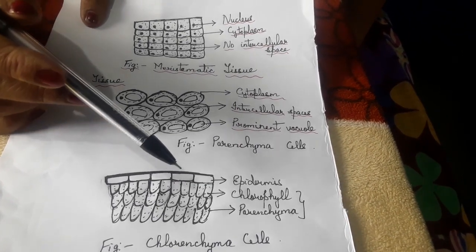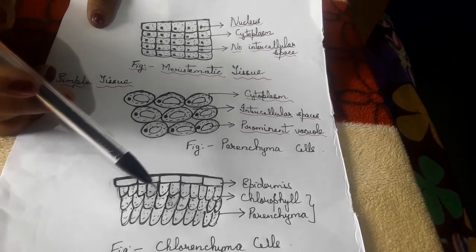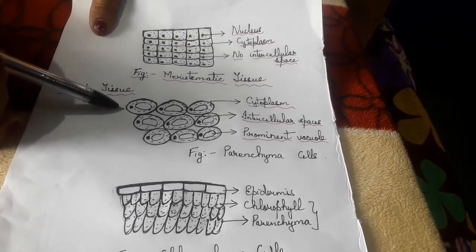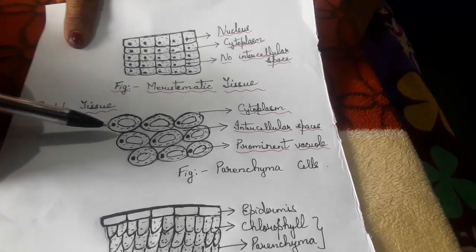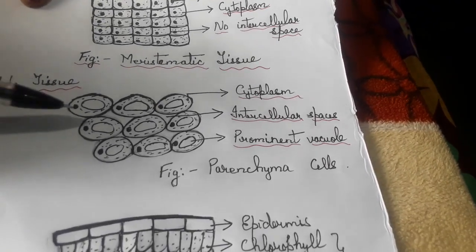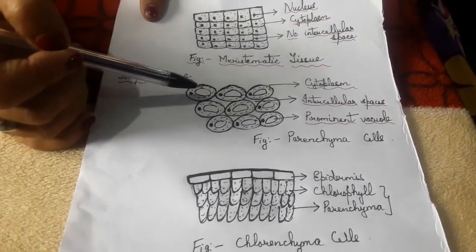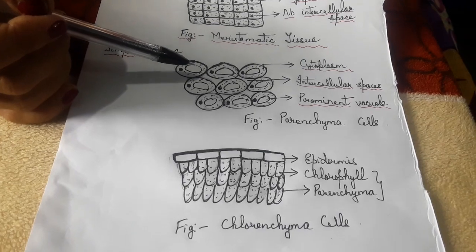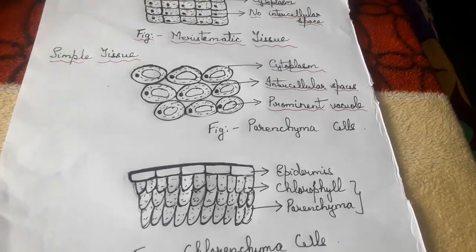When they have large air cavities, as in aquatic plants, they are known as aerenchyma. Parenchyma are mainly found in the soft region of the plant, that is the cortex, outer region, and pith, central region. Parenchyma are involved in the storage of food and provide mechanical support to the plant.